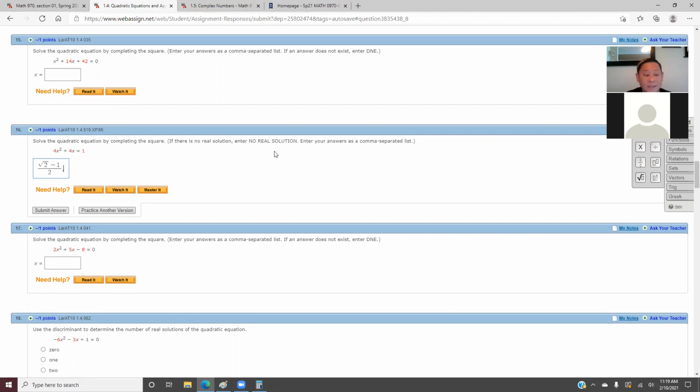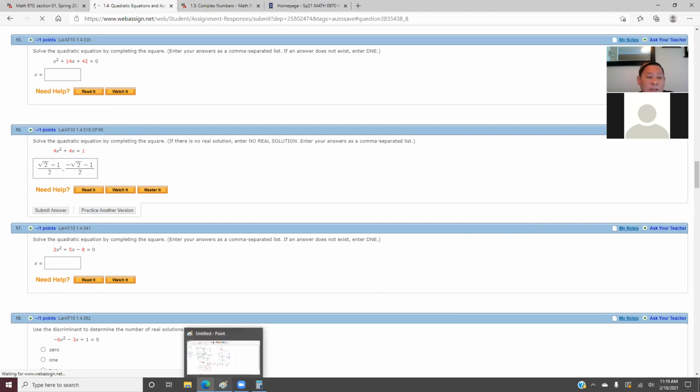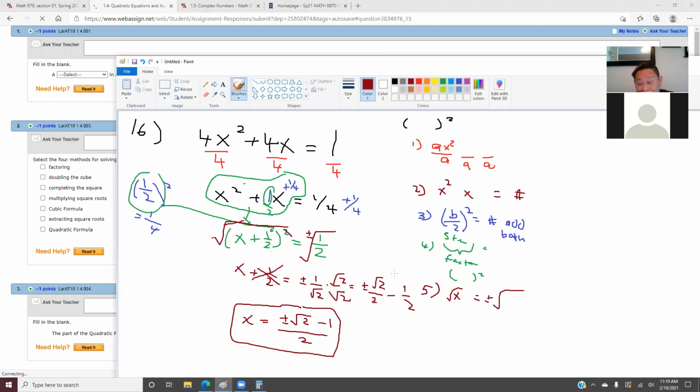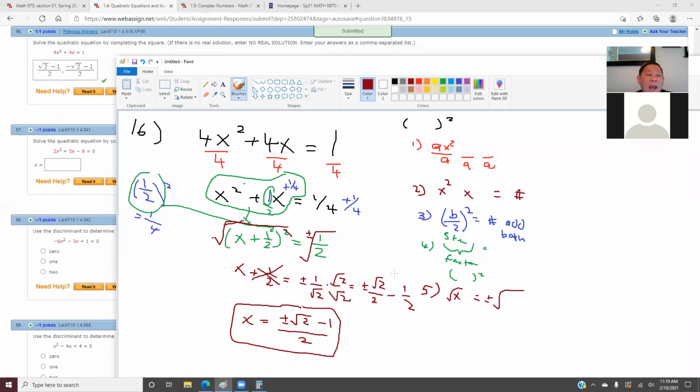And then the other one is negative √2 minus 1 over 2. So this is how you do this using completing the square, which is a lot of work.